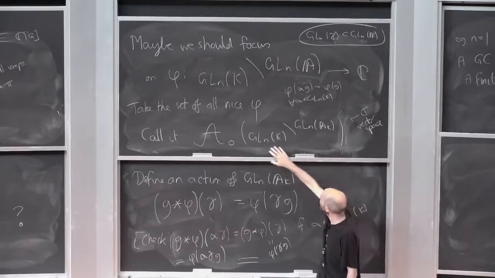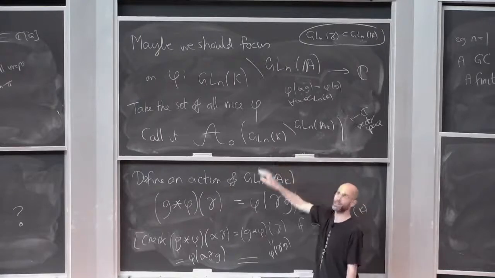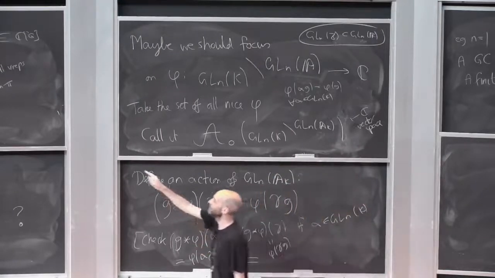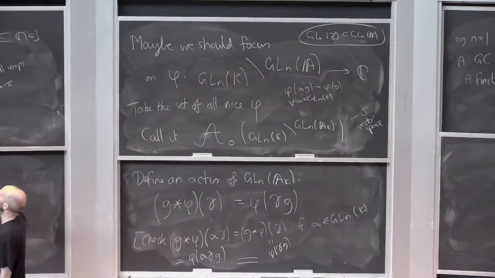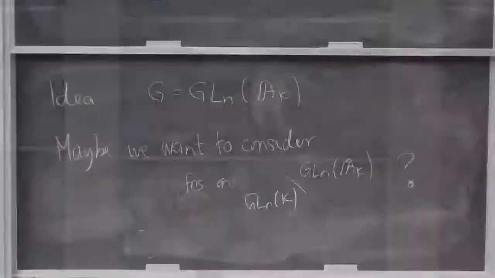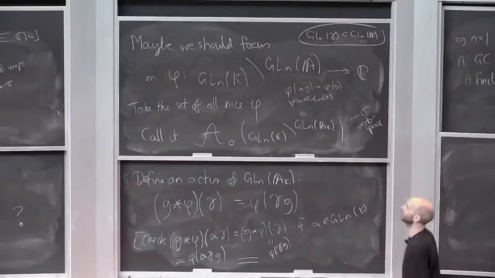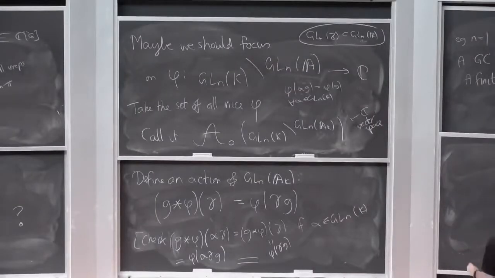This is some weird subspace of the group ring consisting of representations of GLN of K that have some magic property, right? That's exactly what's happening here. Take the group ring of some finite group G, you get all representations. If you throw in some random subgroup H, you just get some subset of representations that happen to have survived this kind of coset process, right?